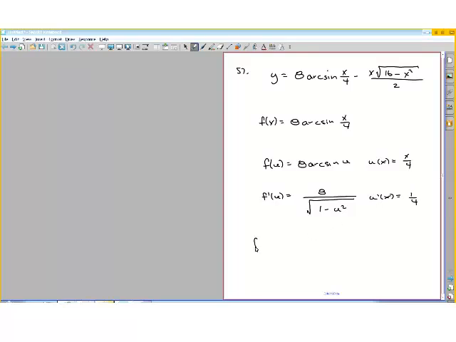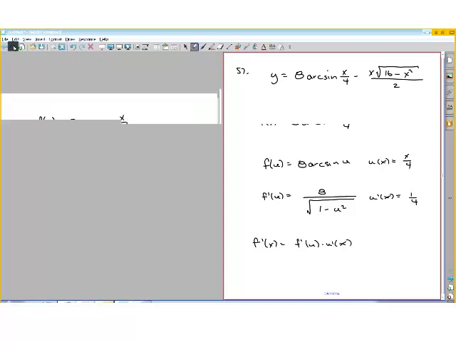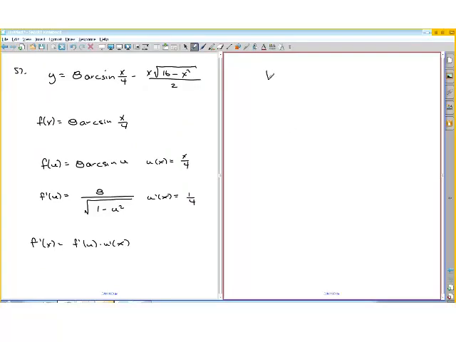Okay, so then we use the chain rule that says f prime of x is equal to f prime of u times u prime of x. So we substitute in. f prime of u is 8 divided by the square root of 1 minus u squared times 1/4.